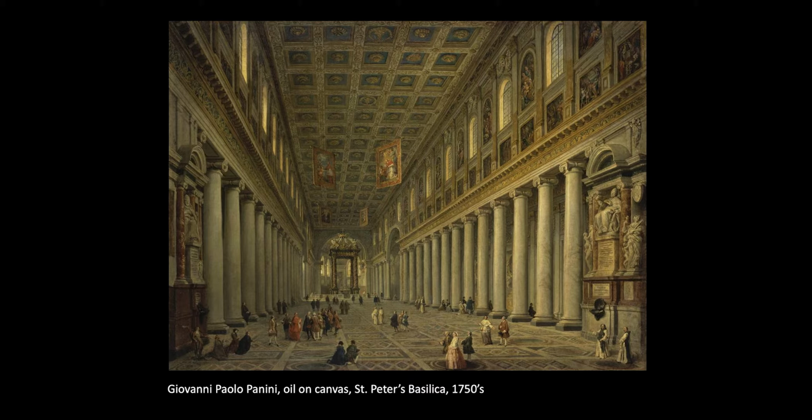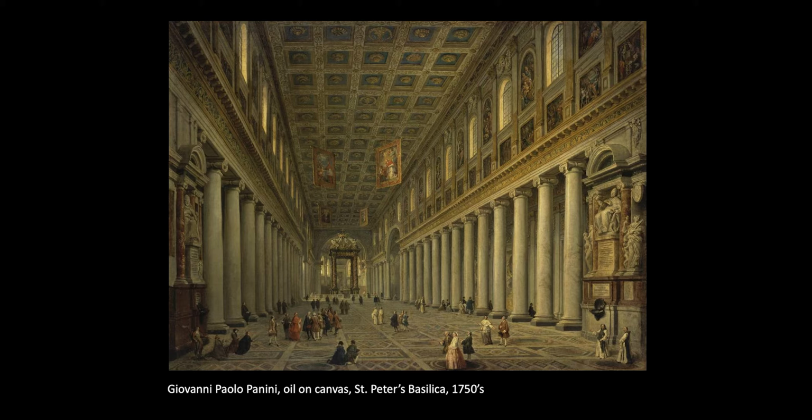symmetrical composition. You'll also notice that the vanishing point, and it's easy to find it because you simply follow all these lines here until you get to it, and it looks like it's actually right about there. The vanishing point is way above the heads of all the people.